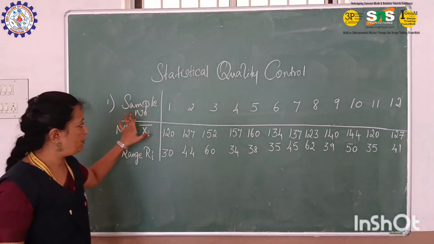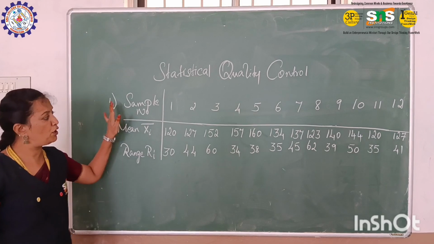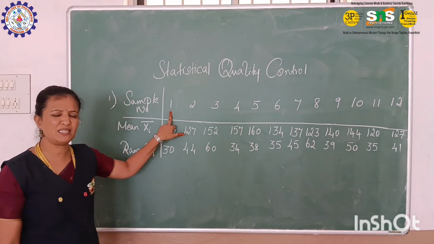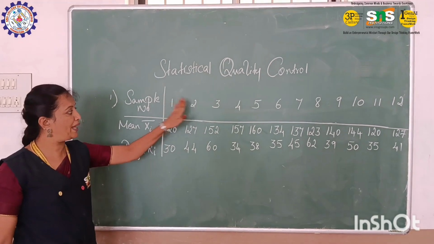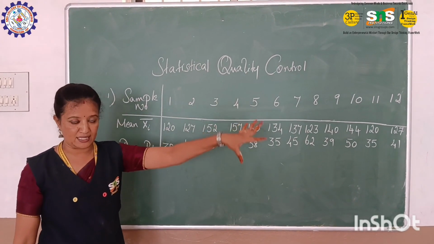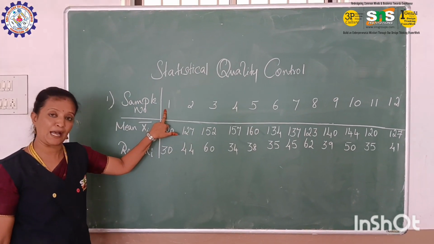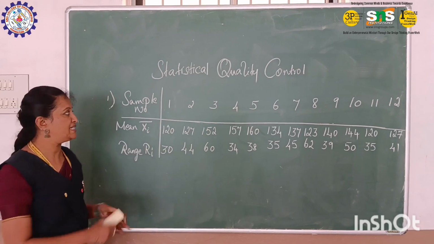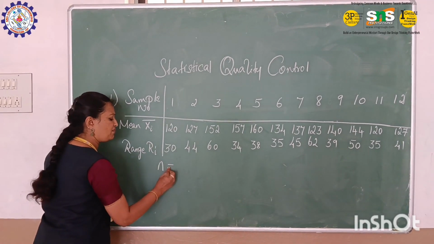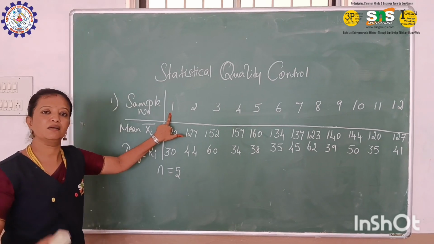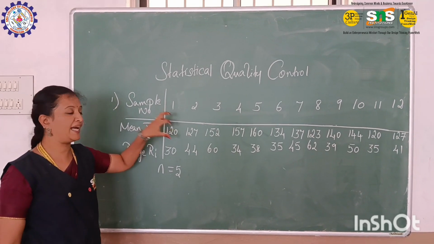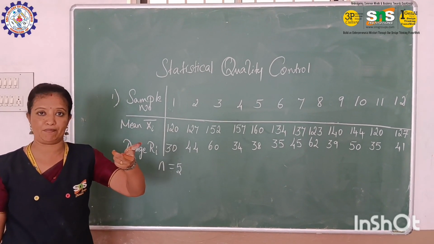I have taken a problem and I have taken 12 samples. Say I have considered 12 different types of pencils. In each sample, the sample size is taken to be 5. Say suppose this sample one is Camden pencil. In that I have taken 5 pencils per sample.